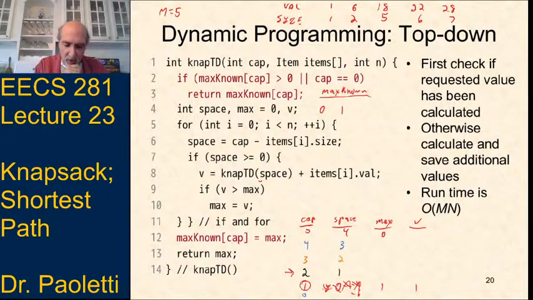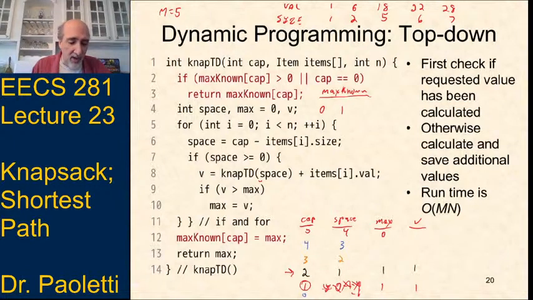I made a recursive call, and it returned a v of 1. My max known now for a knapsack of size 2 is 1. I've found a way to get a value of 1 out of a knapsack of size 2.